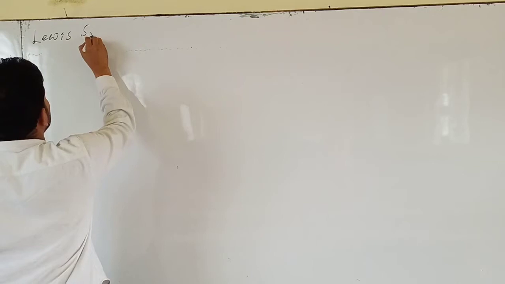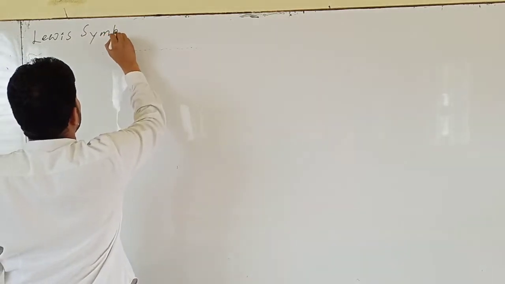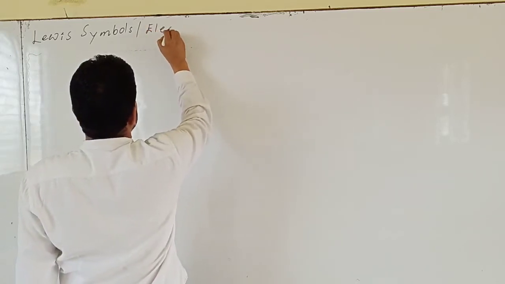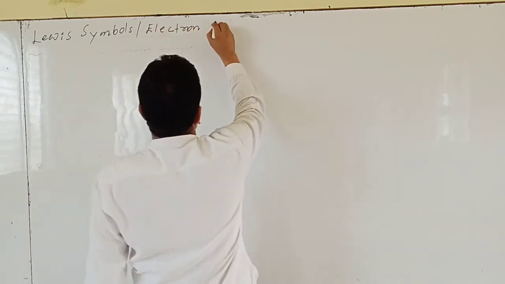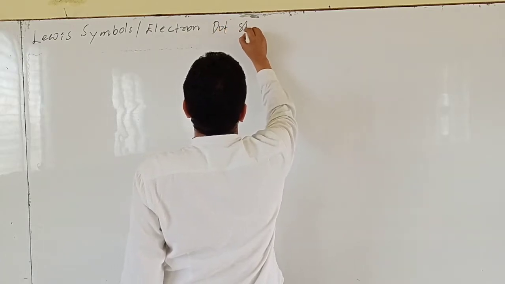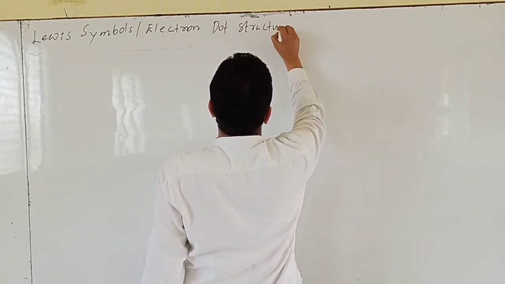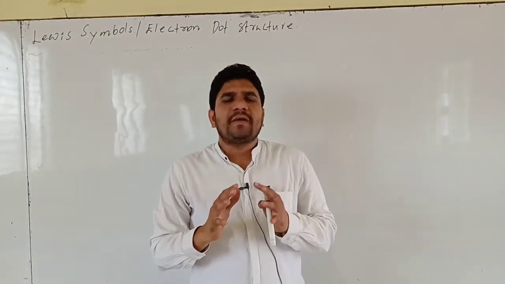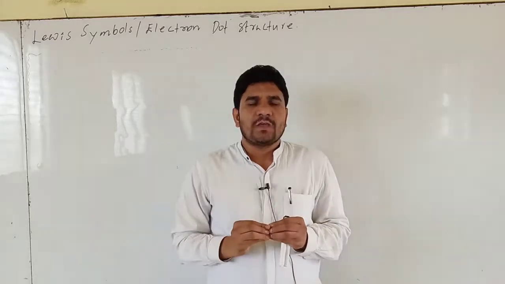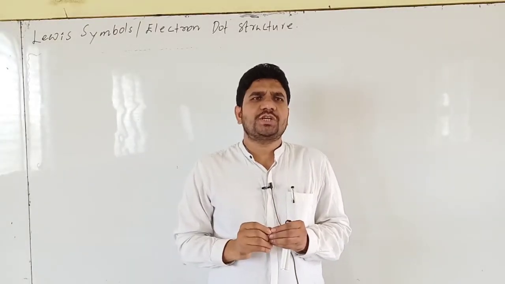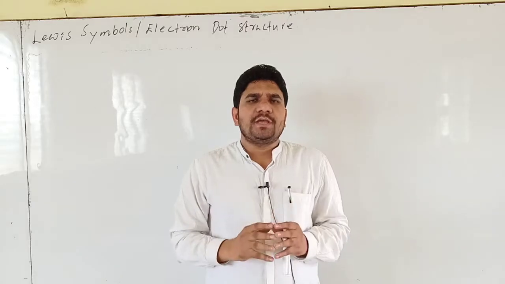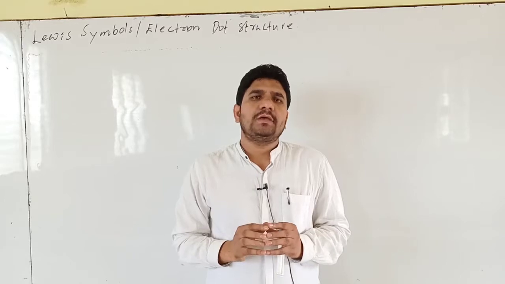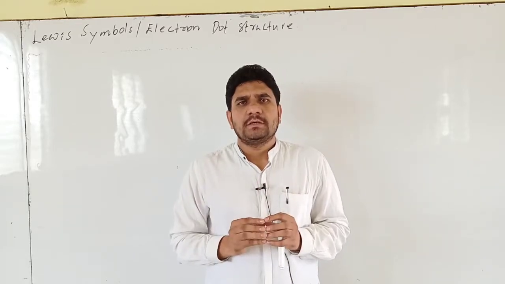Lewis symbols are electron dot structures. The American scientist G.N. Lewis introduced a simple notation to represent the valence electrons present in an atom around the symbol of that element.